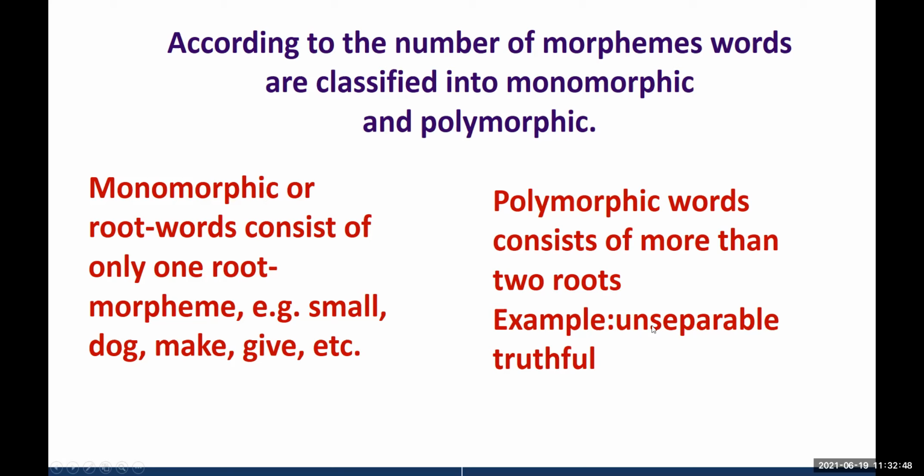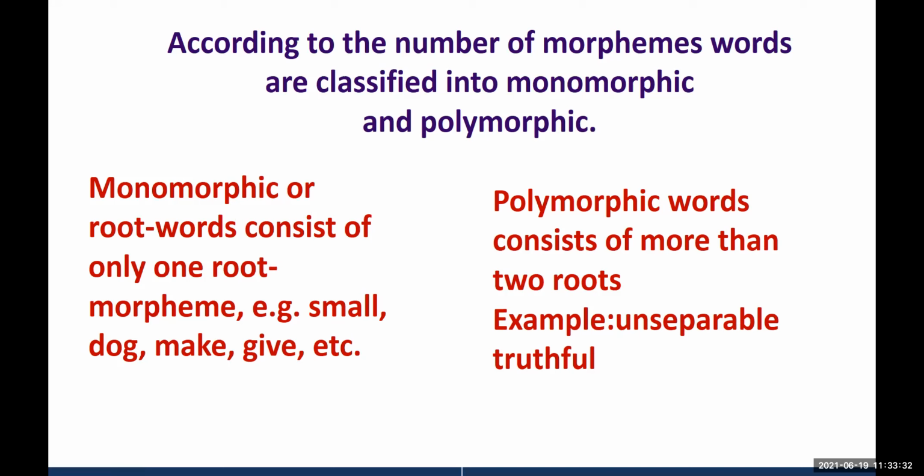If we analyze this word from the semantic point of view, here separate is a root morpheme, un and able are derivational non-root morphemes. According to the structural point of view, this word also consists of three morphemes. Here separate is a free morpheme, un is a bound morpheme, but able is a semi-bound or semi-free morpheme.